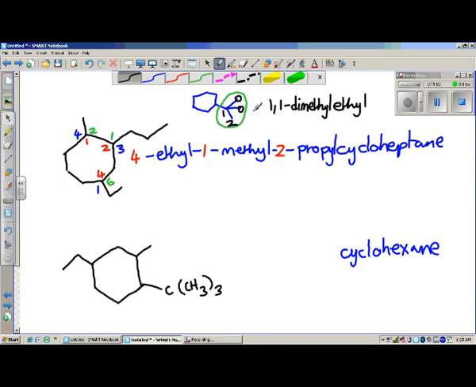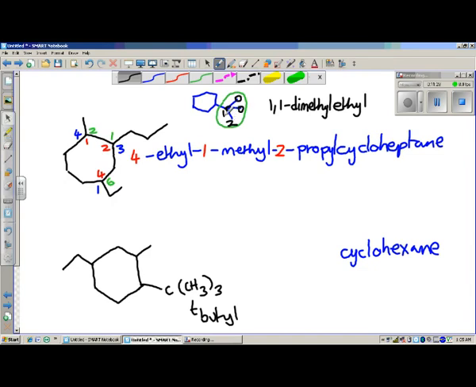However, the common name for this is, out of all the groups, the one name that's most commonly known by its common name, which is tertiary butyl. Tertiary butyl because there are 1, 2, 3, 4 carbons. Tertiary because the carbon connected to the parent chain has 3 carbons coming off it.